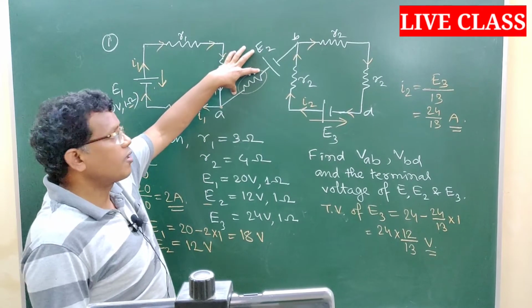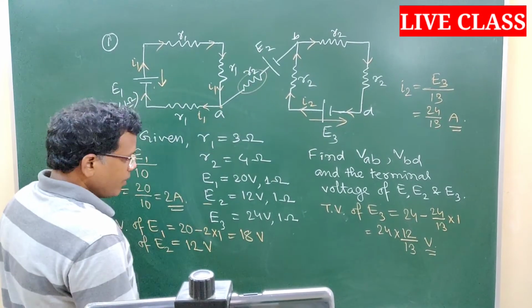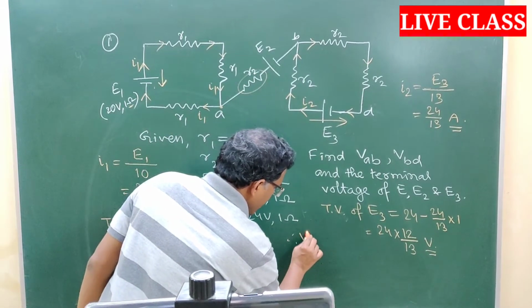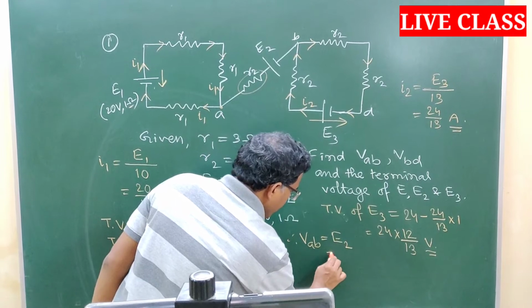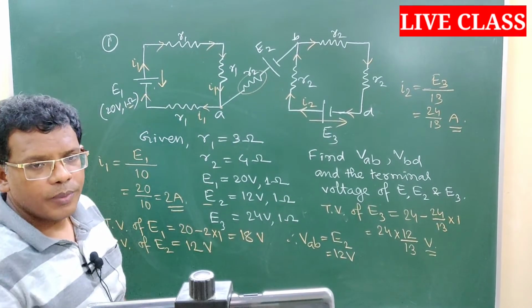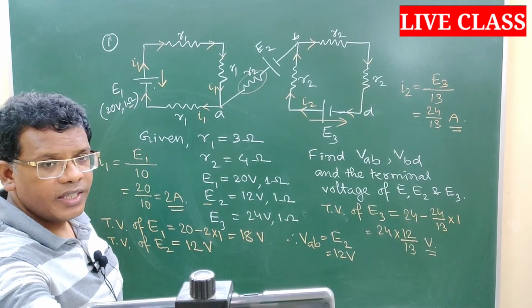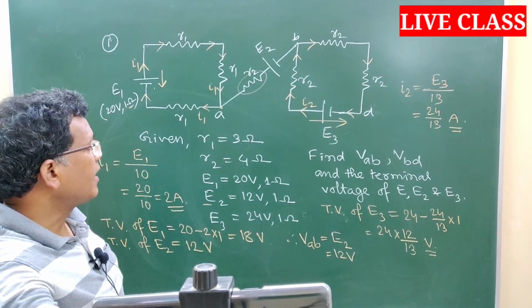So no PD across R2, and no PD across internal resistance. So VAB should be equal to the value of E2 only, that is 12 volt.